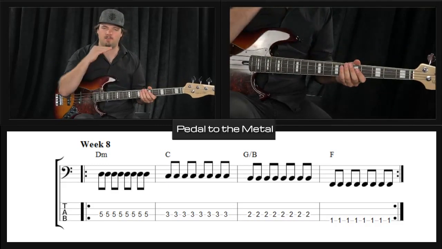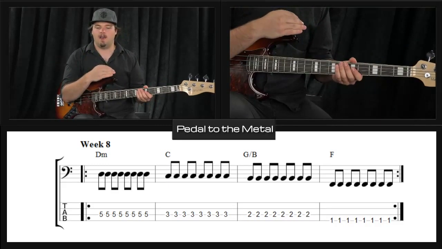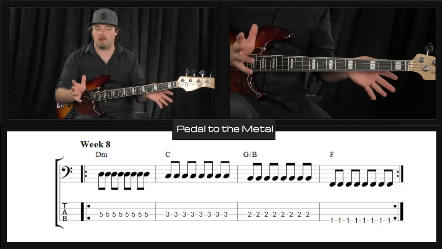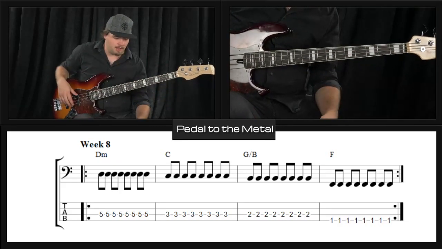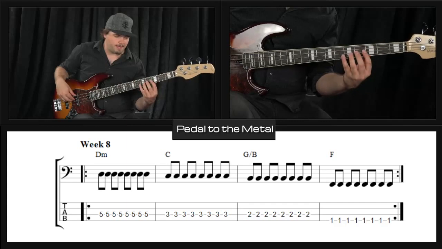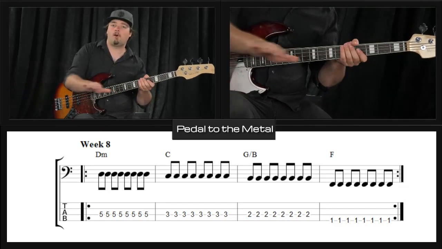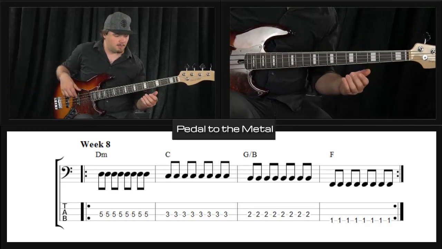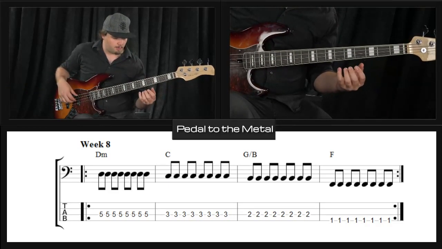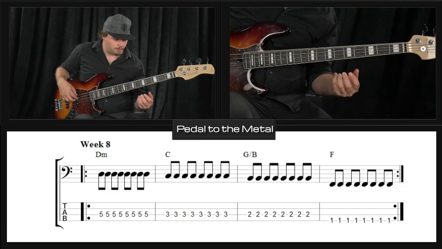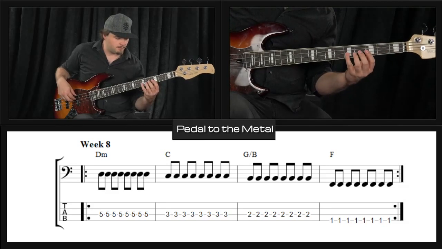I call this the idea of a grid. A time grid, I guess you could call it. Just making sure that it's really tight, that all the notes are evenly spaced, that everything sounds clean, the volumes of each note are the same. So here we go. We'll just jump right in. All right. 1, 2, 3, 4.